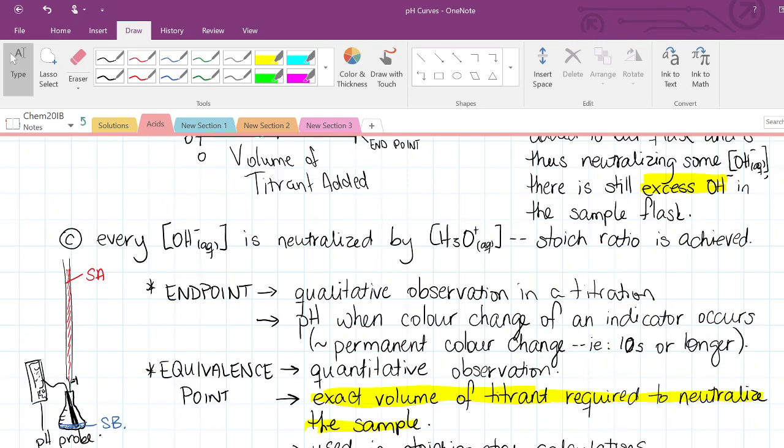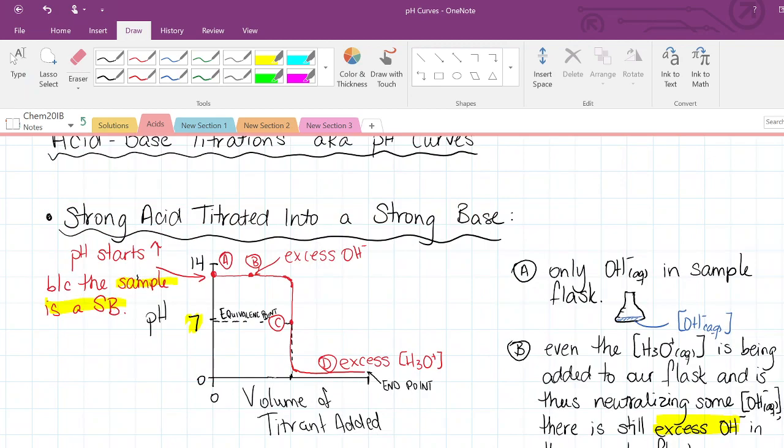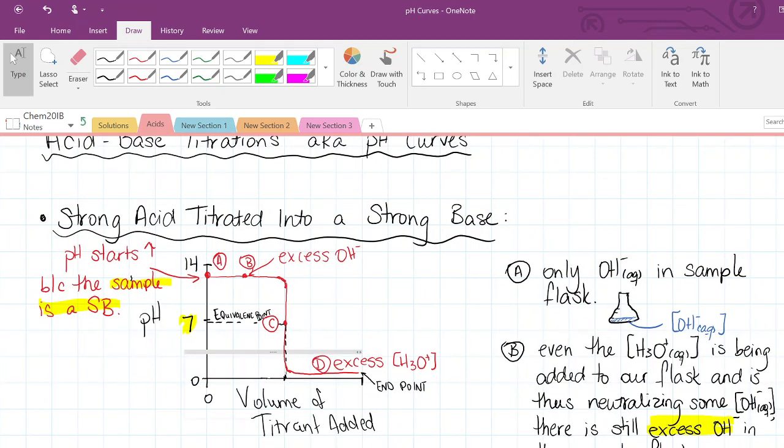The endpoint I have here as well, the endpoint is a qualitative observation. So when we see that permanent color change, we'll know that our titration analysis is finished. Because in a titration analysis, really, we don't care about this excess H3O plus portion. As soon as we reach this low pH and that color change is permanent, we're done, because we're only interested in getting this volume.